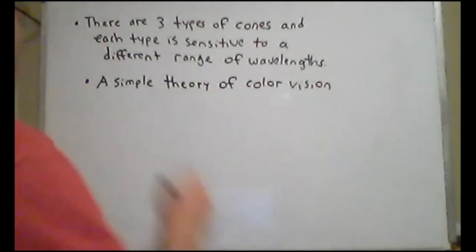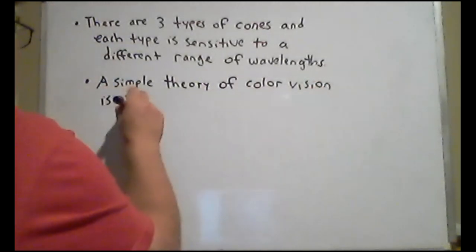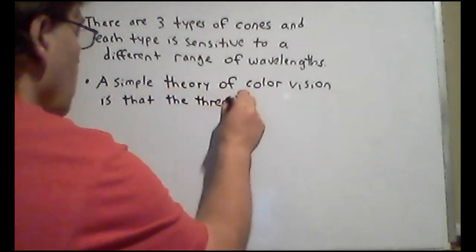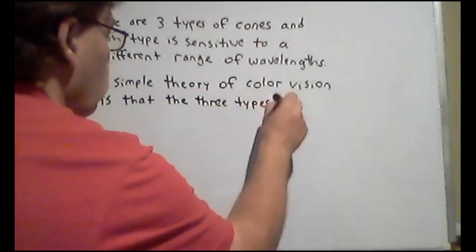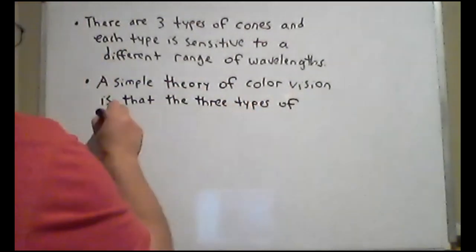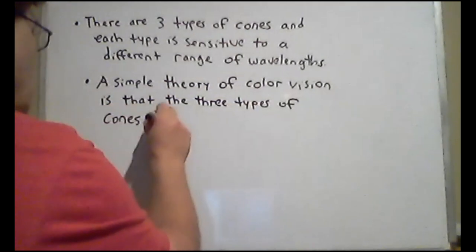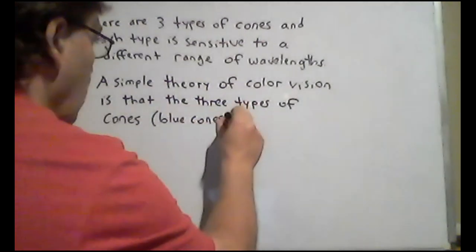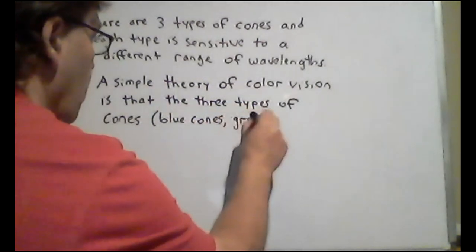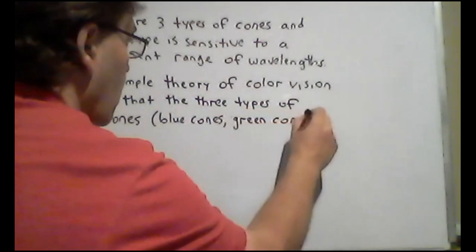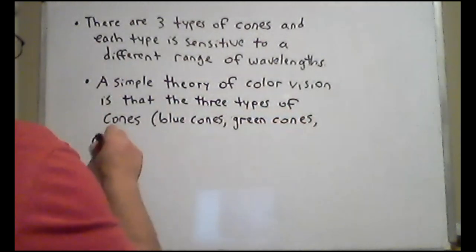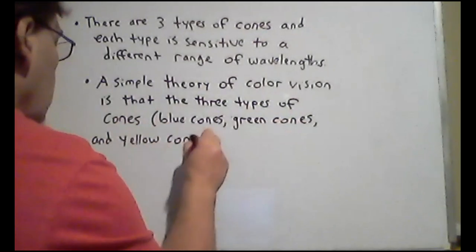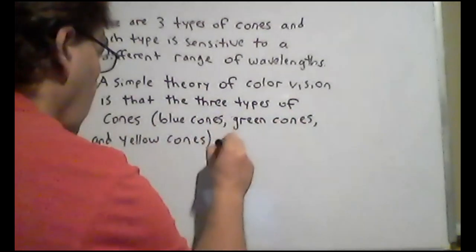is that the 3 types of cones, we saw them as blue cones, green cones, and yellow cones, serve as primary colors.